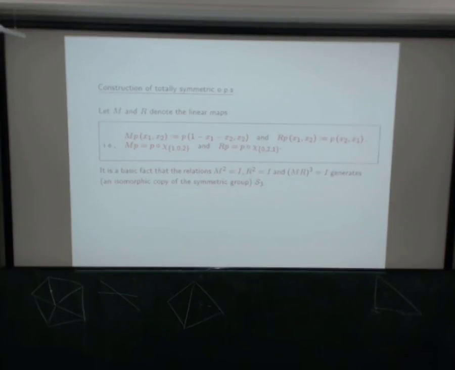And with these two generators, you can produce all these affine mappings, and you can characterize this symmetric group also by writing down relations which these mappings satisfy. So first of all, since it's a reflection, twice application gives the identity, and one can also compute that MR to the 3 is the identity.